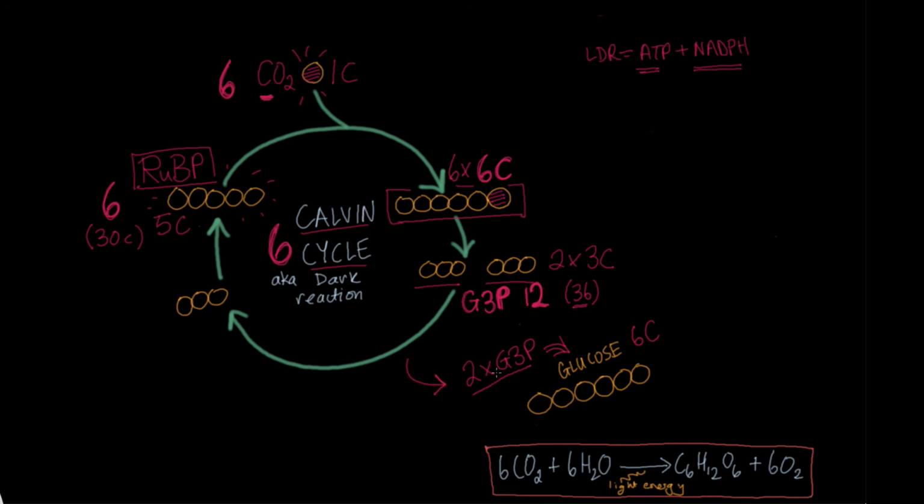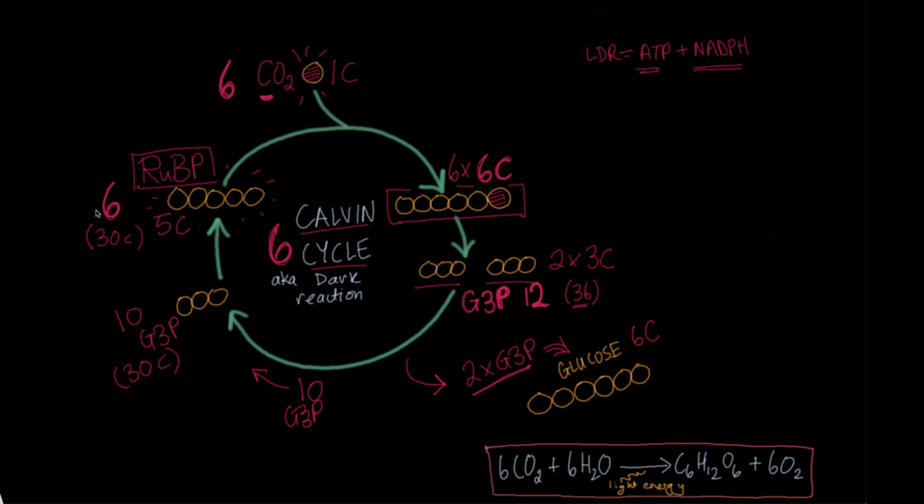Out of these 12, we're going to siphon off 2 of them and use those 2 G3Ps to make glucose. So we've now got 10 G3Ps. So this is 10. Through a series of reactions, we are going to recycle those 10 G3P molecules back into the 6 RuBPs. So we're back to where we started.